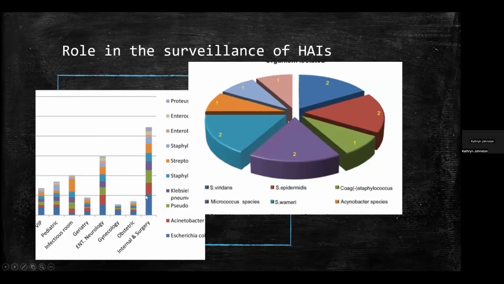So you can see these are just brief examples, but the one on the left is particularly important because you should be letting the different services know the types of organisms that are present in their service. And these are just examples of different presentation methodologies.